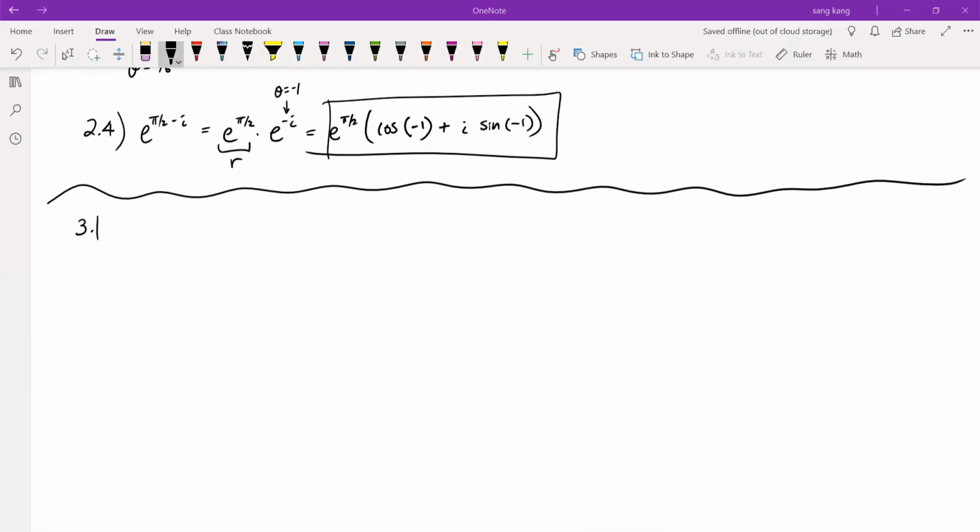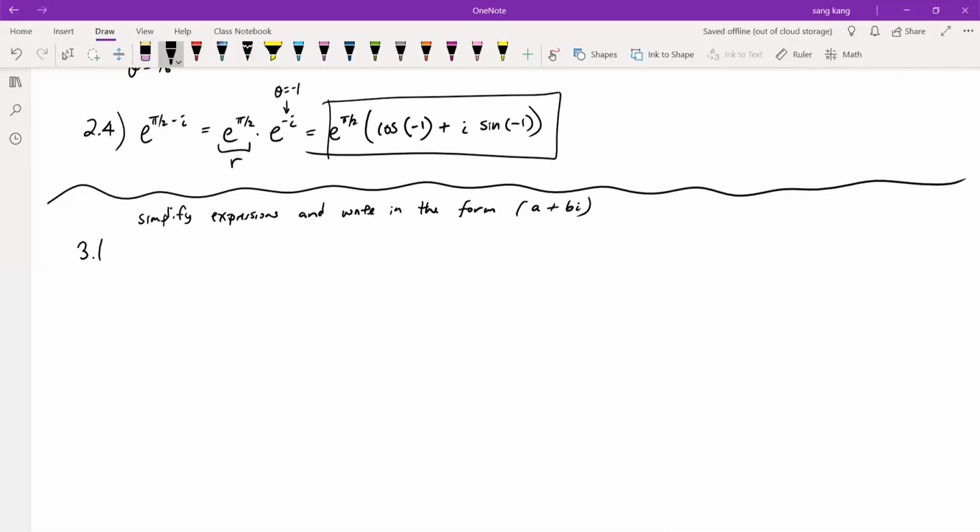Okay, so we want to simplify the following expressions and write in the form a plus bi, as we did in the previous example.